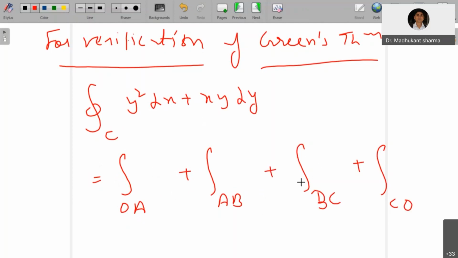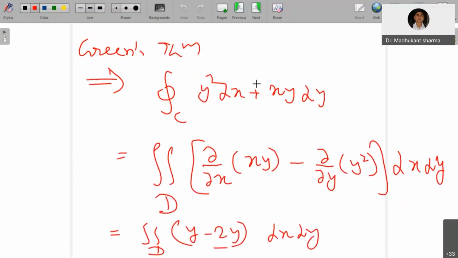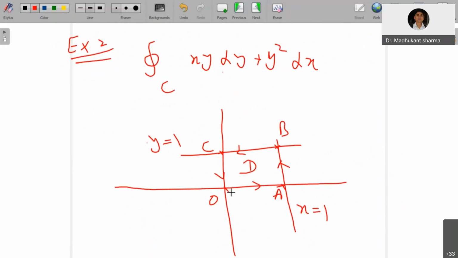So you have to use the parameterization of the curve along each line. Okay. Now, along OA, y is equal to 0, right? If you recall, along OA, y equals 0 and x is running from 0 to 1.